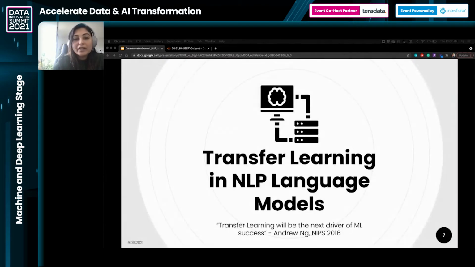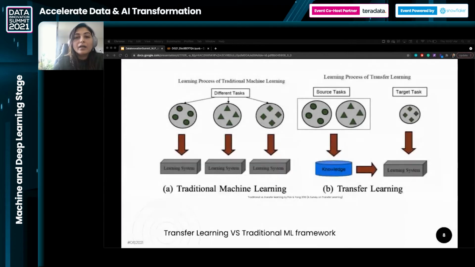So why do we need transfer learning in the NLP model space? Think about it from this scenario: creating high performing natural language models is time consuming first, and secondly, it's super expensive.